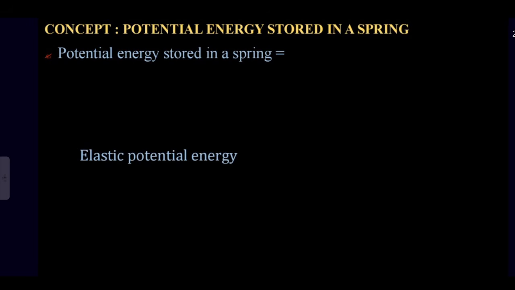The potential energy of the spring is denoted with the letter capital U, and it is equal to 1 by 2 kx square, where k is the spring constant and x is the elongation.